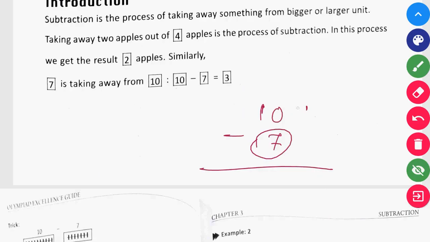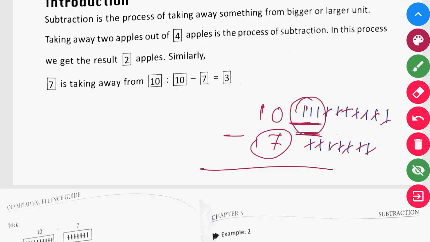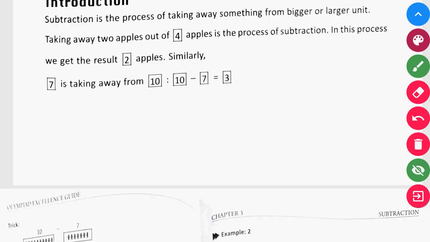We will draw 10 bar lines at the top: 1, 2, 3, 4, 5, 6, 7, 8, 9, 10, and 7 bar lines on the bottom. Now cut one line each to get your answer. So 1, 2, 3, 4, 5, 6, 7. 7 lines are cut and we got 3 lines remaining. So your answer is 3.